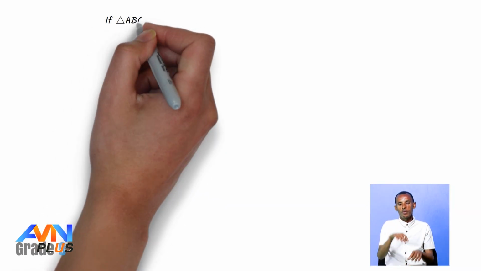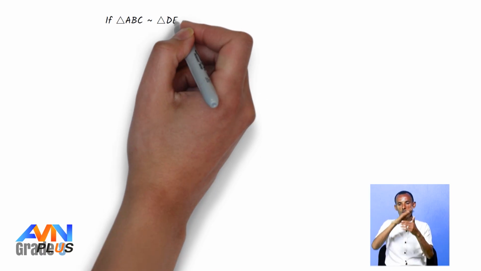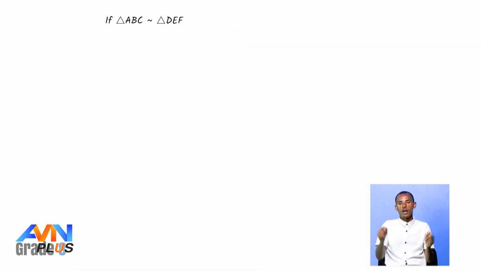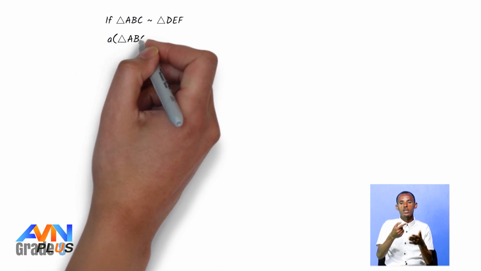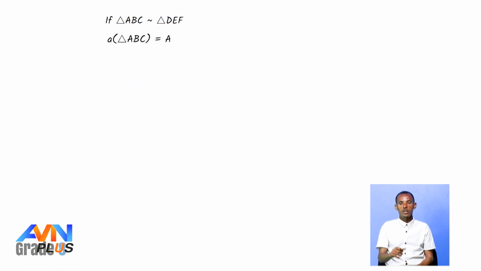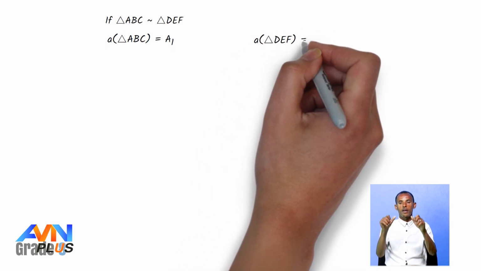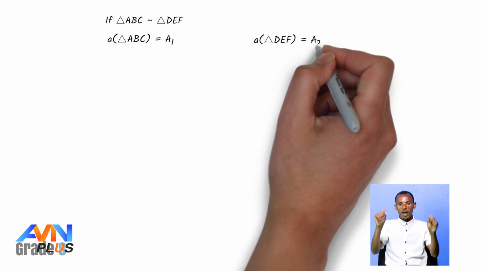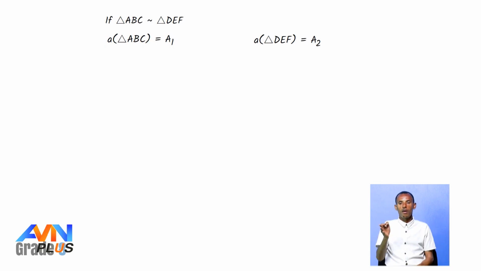So if we conclude that if triangle ABC is similar to triangle DEF, where area of triangle ABC is A1, area of triangle DEF is A2.